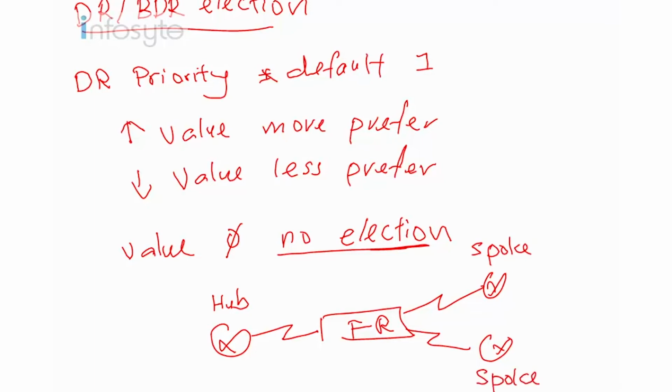Within the hub and spoke topology, I will set the spoke priority to 0 so it does not participate in the election, to allow the hub to become the DR. So the DR can distribute all the LSA information to the spokes. This is why we need to set the priority to 0 in our OSPF routers.